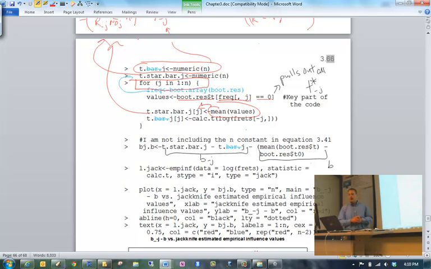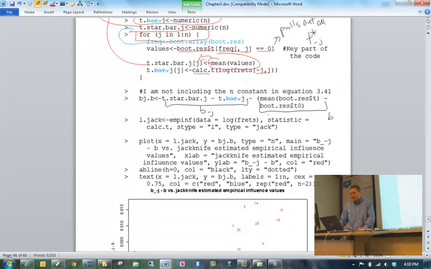Okay. So t.j, remember I had a function called calc.t that actually calculates the partial correlation. We'll just do that without the jth observation. Then just combine stuff. So here is b sub negative j minus b, doing the calculations that you would expect.